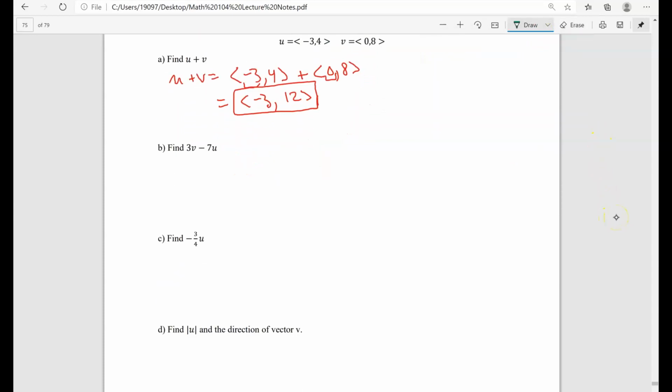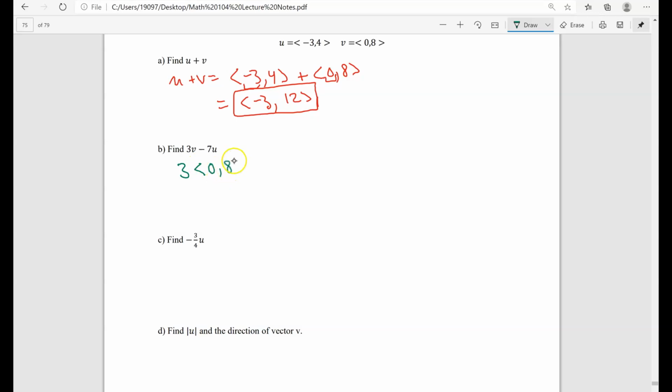Now we're multiplying each of the vectors by a scalar multiple. So 3 times v, where v in this case is 0, 8, minus 7 times u, which is -3, 4. So I'm making u 7 times as large. The first component is 0, making it 3 times as big, that gives me 24. Then this 7 and this -3 gives me -21.